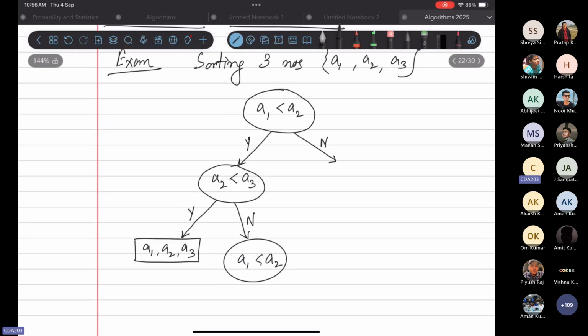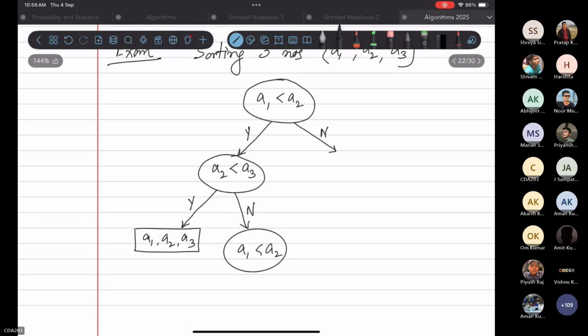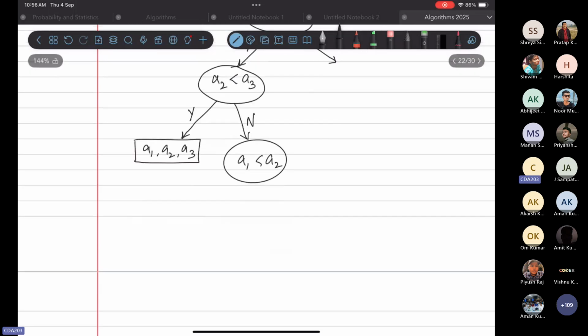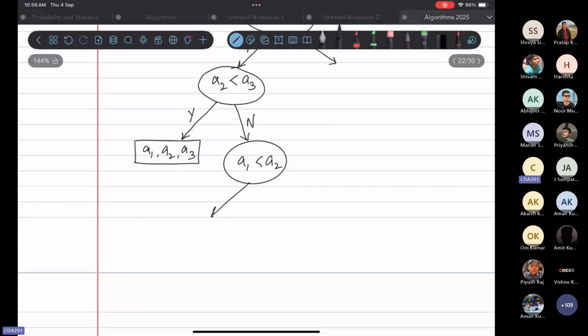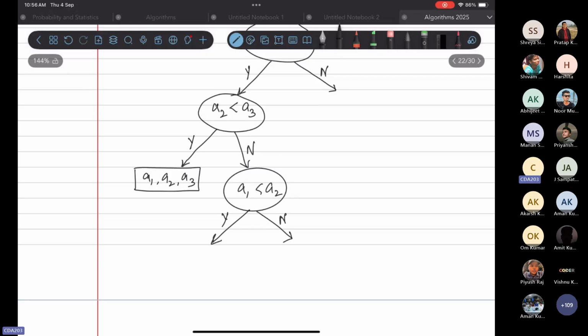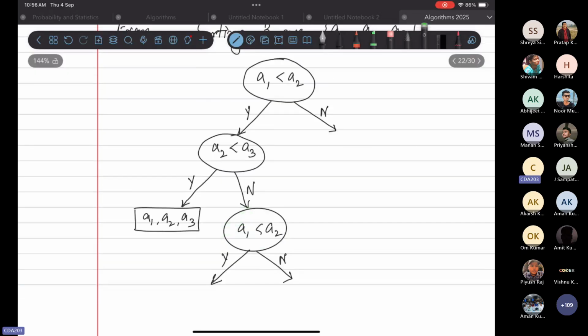Is this clear? Now I'll again have two options. I could have a yes, or I could have a no answer. So far, I know that A2 is the maximum of these three numbers.